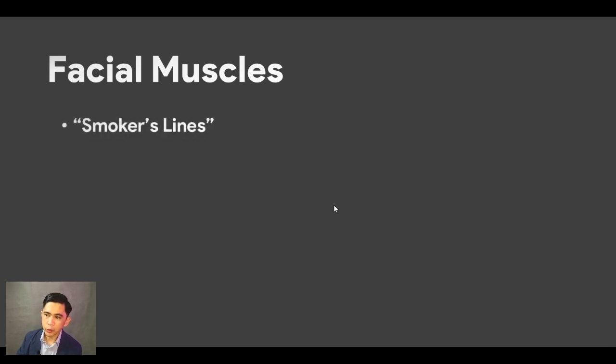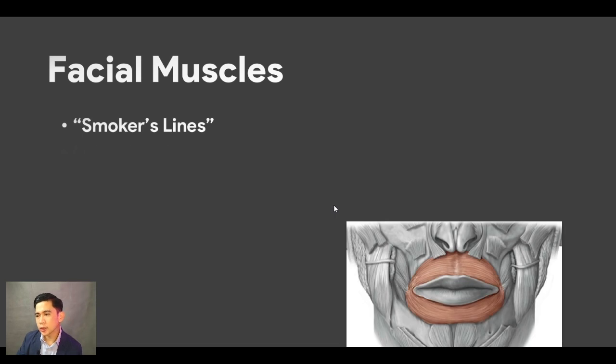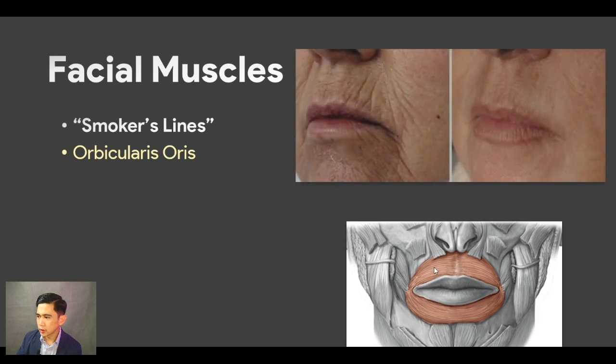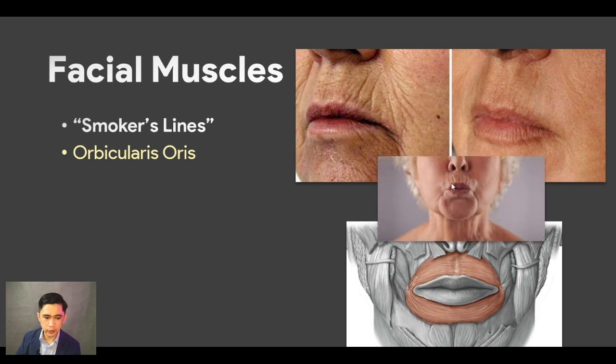Then we have the smoker's lines. The smoker's lines are produced by the action of the orbicularis oris. The orbicularis oris is a circular muscle that surrounds our mouth. So when it contracts, it produces a wrinkle around the mouth. They call these the smoker's lines because probably smokers pout the mouth often, producing these lines over here.